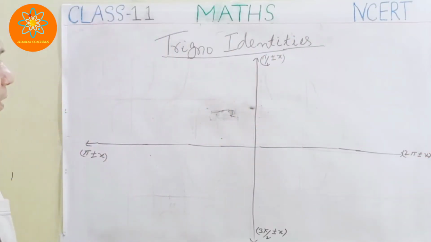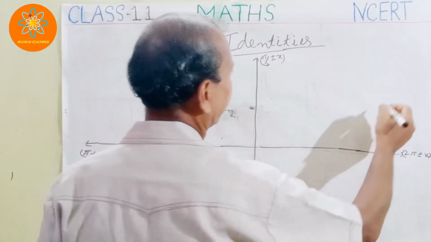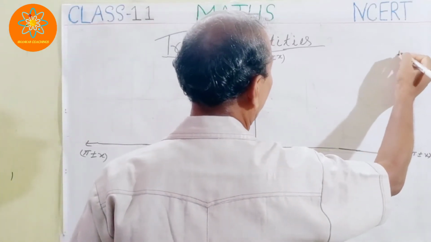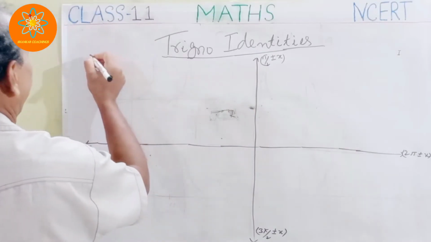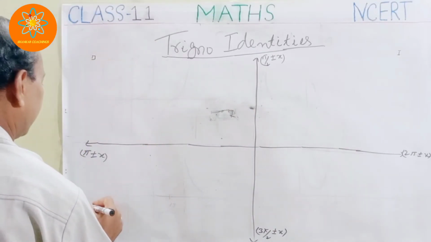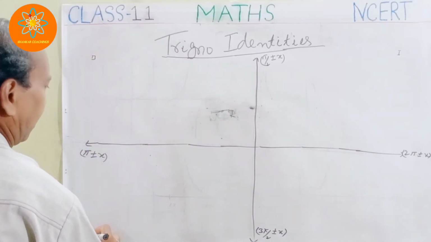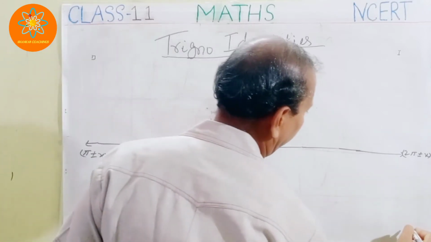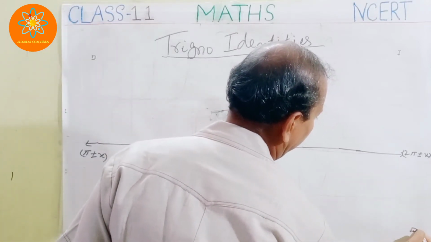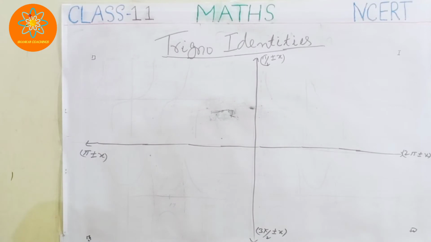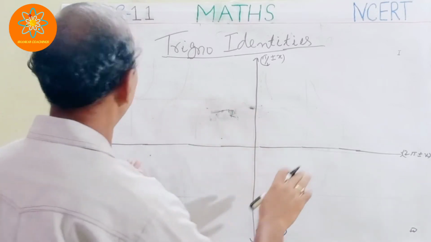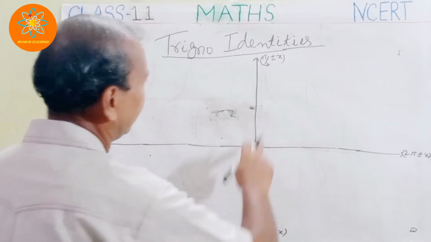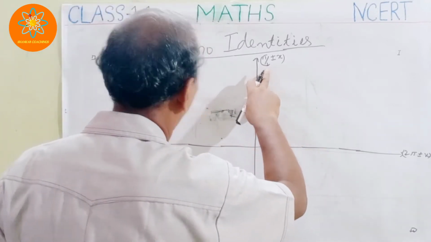See, this one is the first coordinate, this is the second coordinate, this is the third coordinate, and lastly this is the fourth coordinate. Now, for writing the trigonometric identities, I have divided the coordinates into 4 parts, and I have taken the axis in this way.